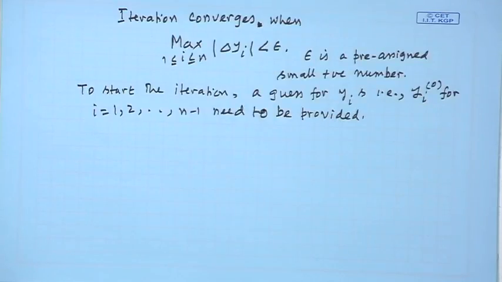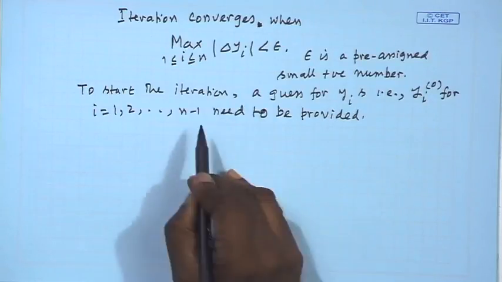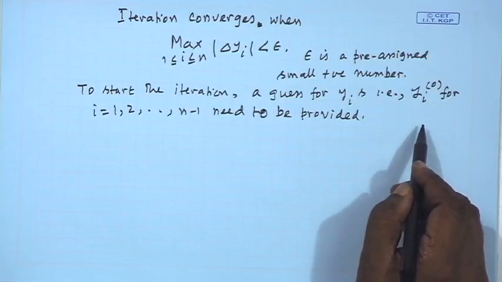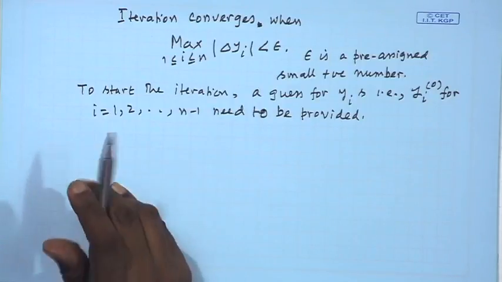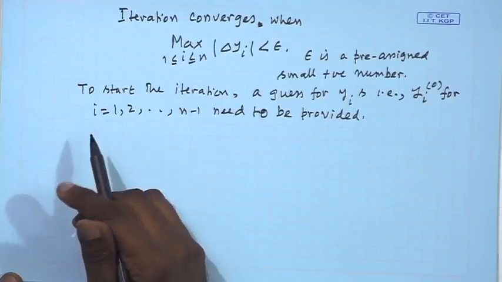Now, this method does not give any clue to how to choose these yi zeros, but one attractive feature is the quadratic rate of convergence.